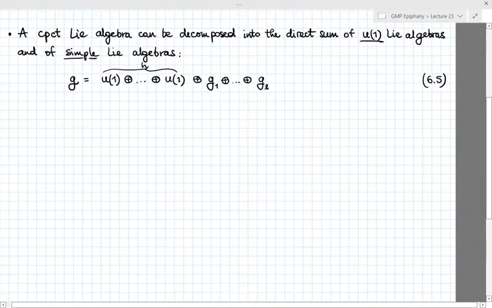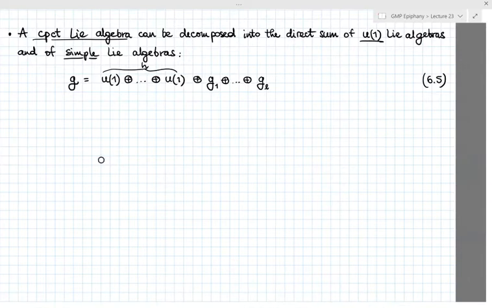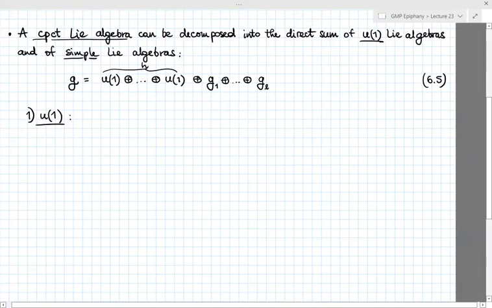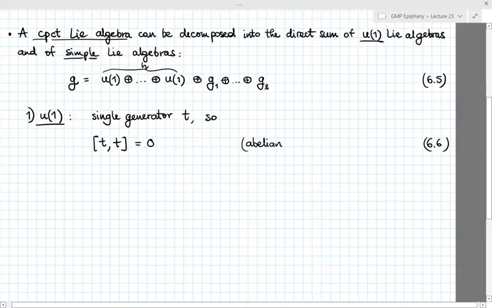Okay, let me remind you what the U1 Lie algebras and simple Lie algebras look like. And again, I'll always think of compact Lie algebras. Let's start with the U1 Lie algebra. Well, the U1 Lie algebra is the simplest non-trivial Lie algebra. It's the algebra which has a single generator T. And therefore, because the Lie bracket is antisymmetric, the Lie bracket of T with itself is 0. And so we call this abelian, meaning that it's commuting.